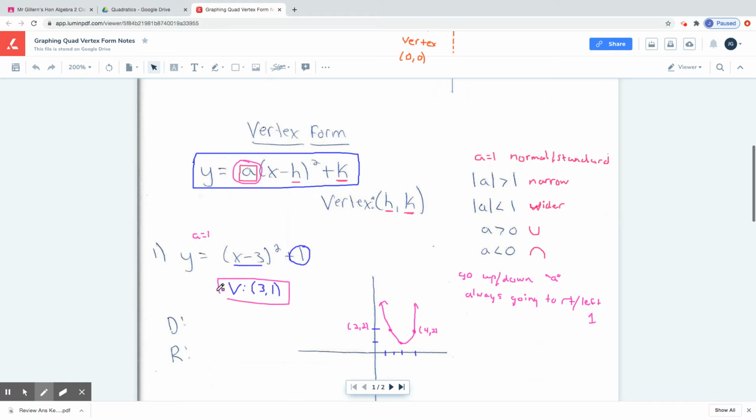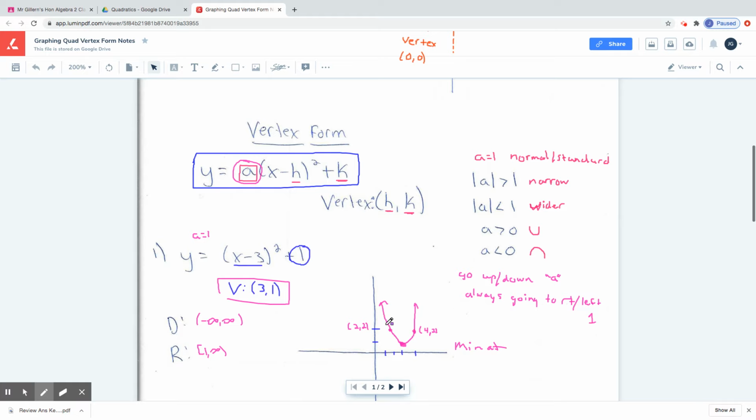All right, so if I wanted to do my domain and range, my domain is negative infinity to infinity. Any parabola facing up or down is always negative infinity to infinity. The range starts down here with the y value, which is 1, and goes to infinity. This has a minimum value.